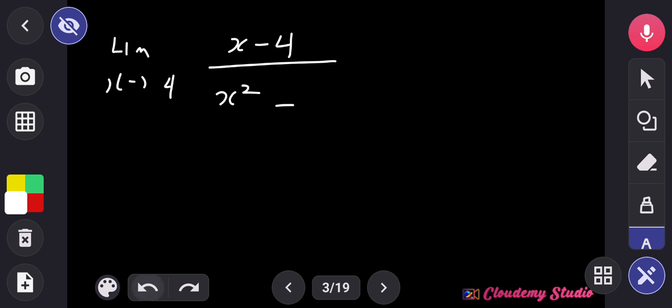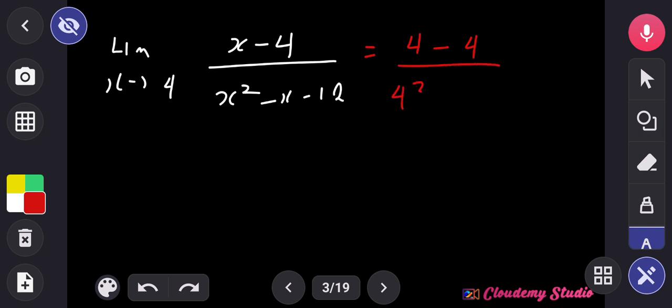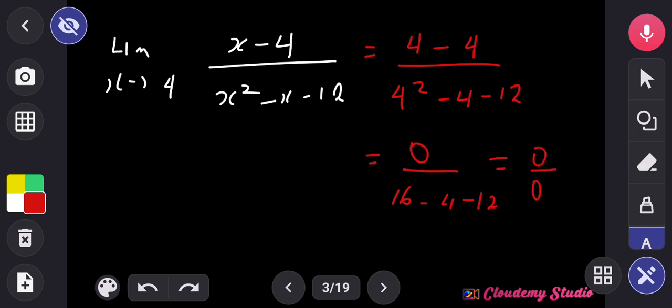You know that if you apply 4 into all of this, like we used to do, it becomes 4 minus 4 divided by 4 squared minus 4 minus 12. That's going to be giving us 0 divided by 16 minus 4 minus 12, which equals 0 divided by 0. And if you press your calculator, 0 divided by 0 is an undeterminate answer. It's an undefined answer. You understand?